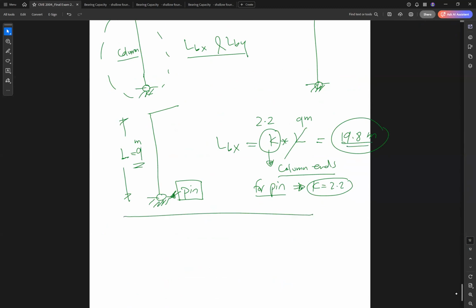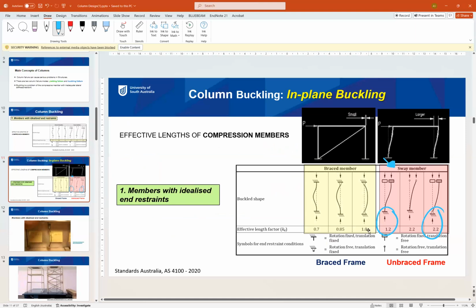So for example, I will ask you to find LBX. If I ask you to find LBY, how much is LBY, as you know? In the out of plane direction, the column is braced, so it is considered as pin. If it is pin, how much is K? K equals 1. So if we go back to the table, how much is pin for the braced? 1.